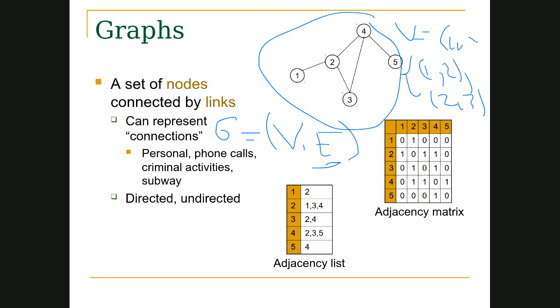But if it were directed, then the first item that you put here is the source of the edge, and the second item would be the destination, so from and to. Two people being together in the car, that's an undirected relationship. But if I make a phone call to somebody else, I am the source and the other person is the destination. So it becomes directed. These are the two big chunks of graphs.